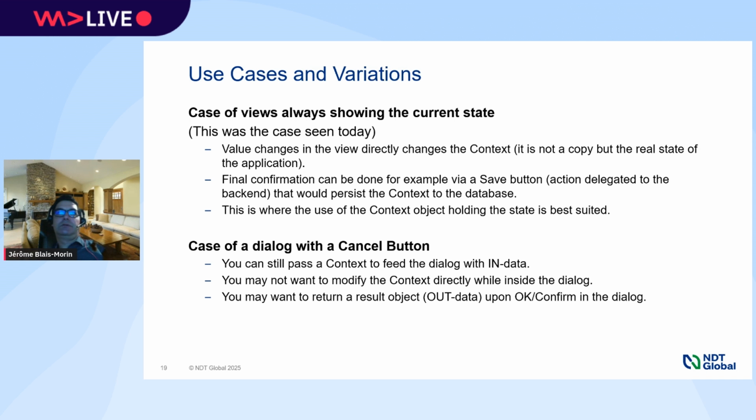Of course, you don't want any change to take effect. So for that case, you may want to return a result from the dialog window, or maybe the dialog window changes the context only upon confirmation or OK. So it's just something to keep in mind regarding this approach.